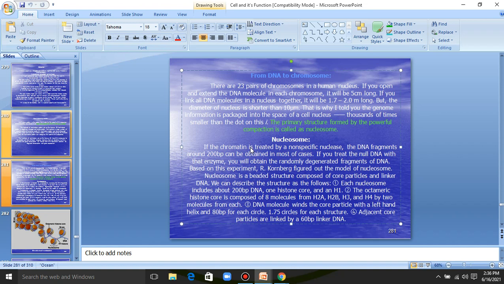Small pieces. Based on this experiment, one cytologist, R. Kornberg, figured out the model of a nucleosome.